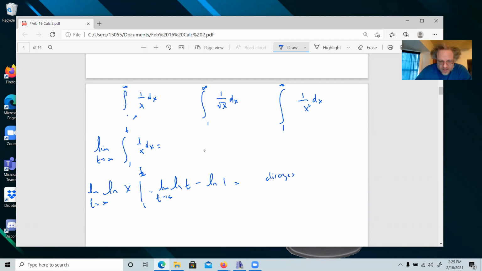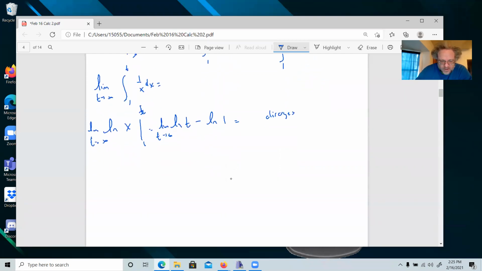Okay. Let's take a look at this one. So we're going to have the limit as t goes to infinity of the integral from 1 to t of x to the negative 1/2 dx. Let's go ahead and integrate that out. That's going to give us the limit as t goes to infinity of x to the 1/2 divided by half.